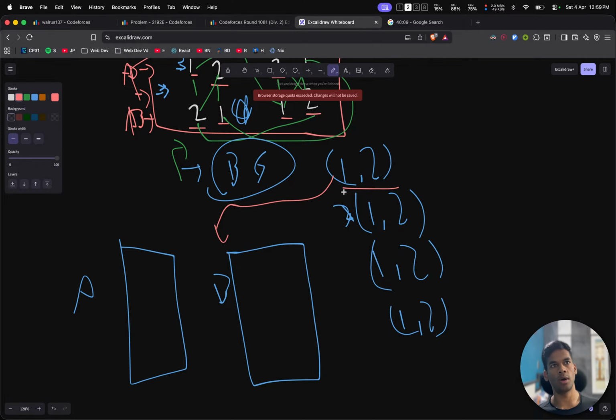You go pair by pair and you see how many ones and twos you have in each of these. If you put a one here, then the other part of the pair must go in the other one.